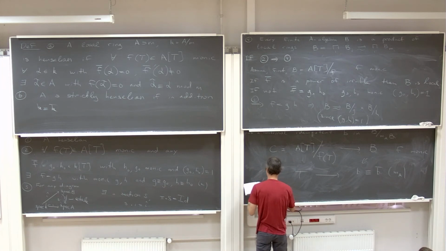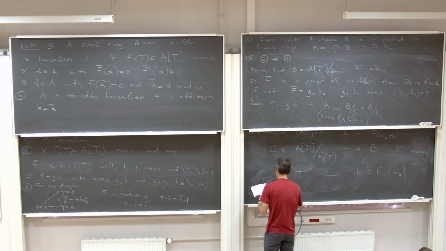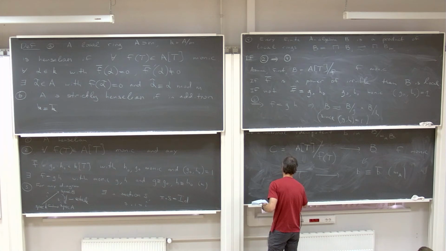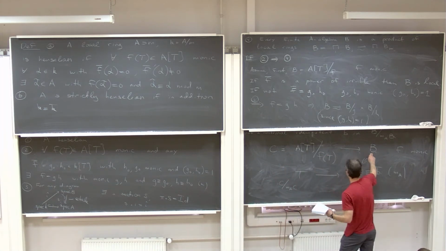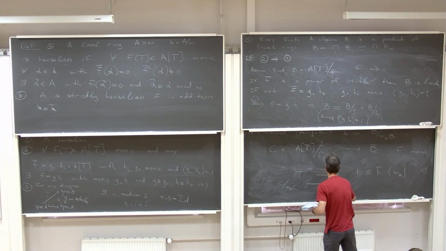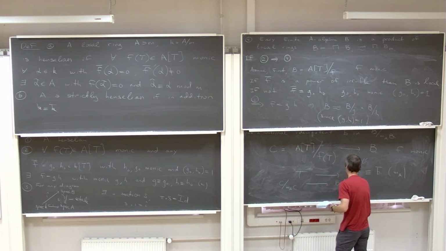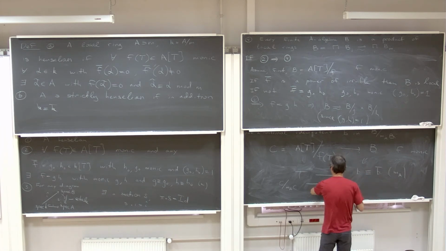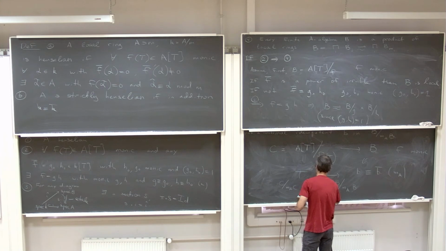Okay, so now we consider the map from C modulo the maximal ideal, the reduction of this map modulo the maximal ideal, to B modulo the maximal ideal in B. So the image of this map is generated by my B bar, right?